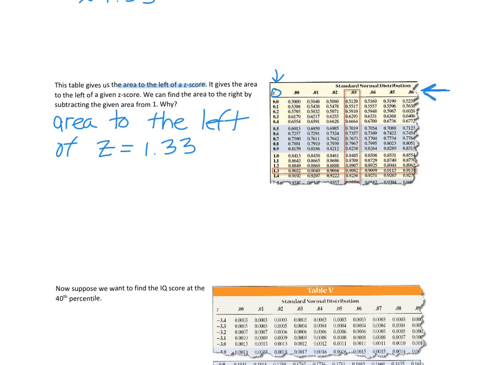We're at 1.33, so that's going to be the row for 1.3, and then our hundredths is 3, so that's why we're choosing that column. Where they meet is right here. So the area to the left is 0.9082.